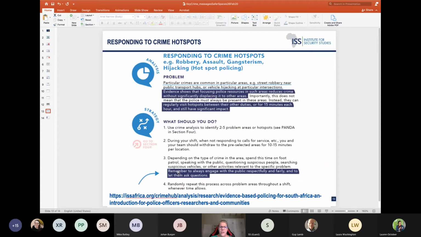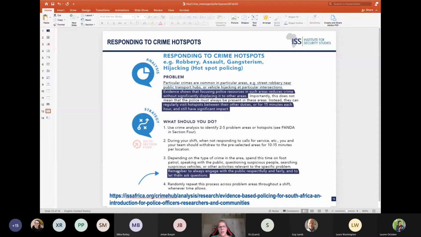There's international evidence that focusing police resources in such areas or hotspots reduces crime without significantly displacing this crime. So regularly visiting hotspots actually does work.